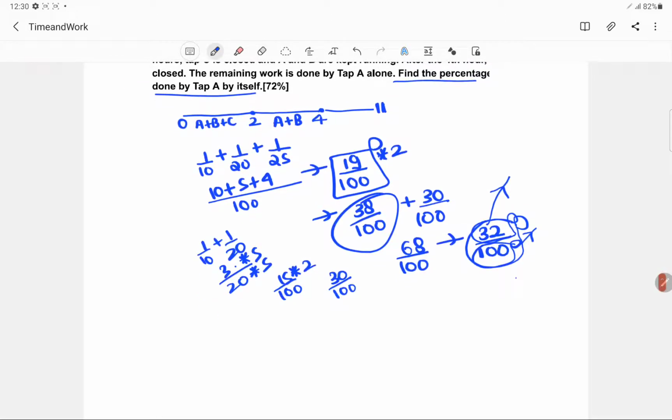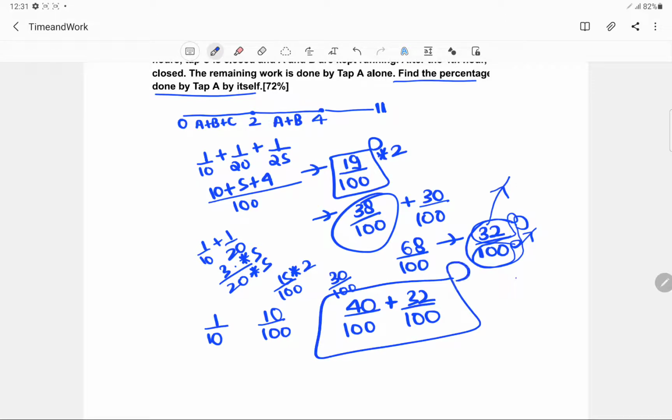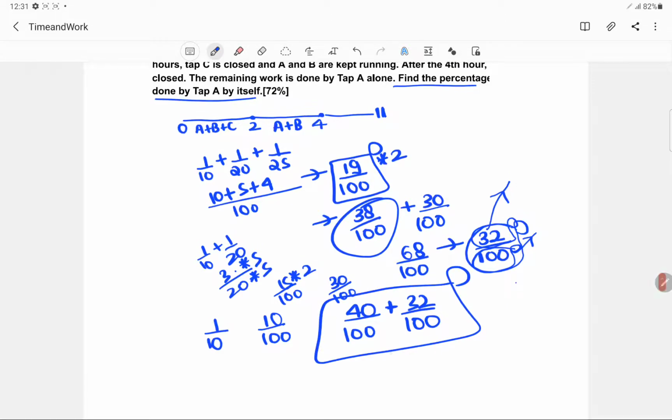But also in the first 4 hours, he was filling 1 by 10, or 10 by 100 of the tank per hour. So for the 4 hours, he would fill 40 by 100, plus 32 by 100 over here. So out of 100 liters, he is filling 72 out of 100 liters of the tank. And that is what we are asked: find the percentage done by tap A itself.